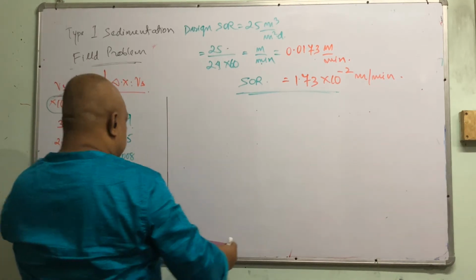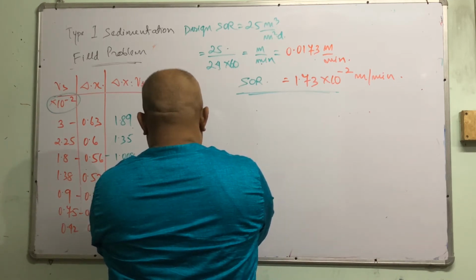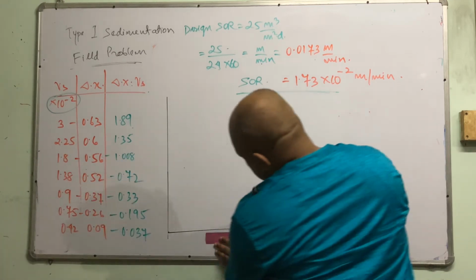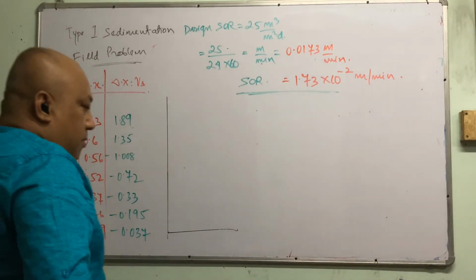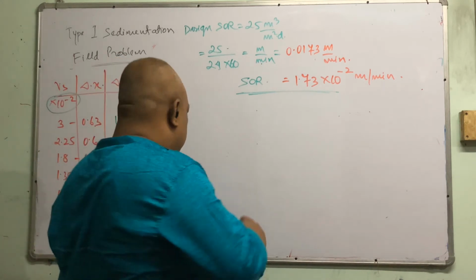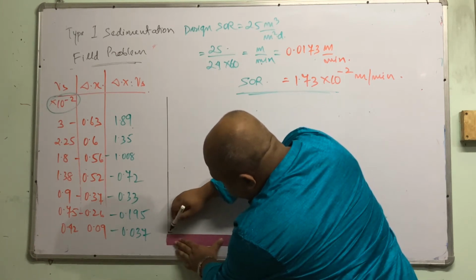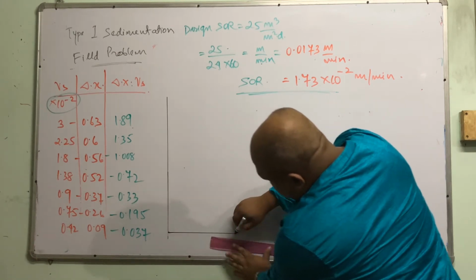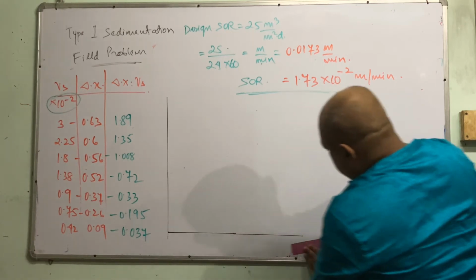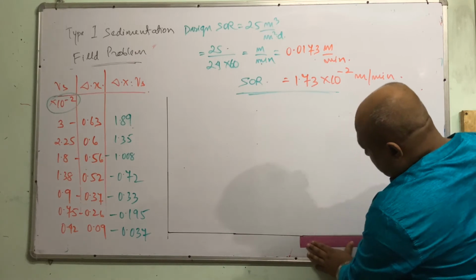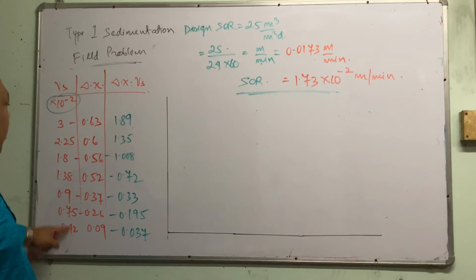This is X and this is Y. Now what you can see here is the units are 1, 2, 3.